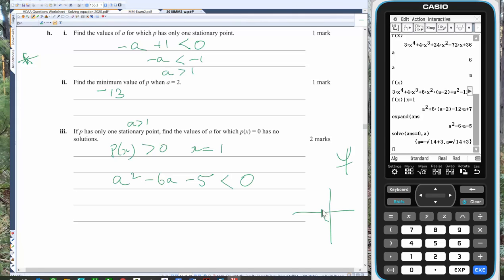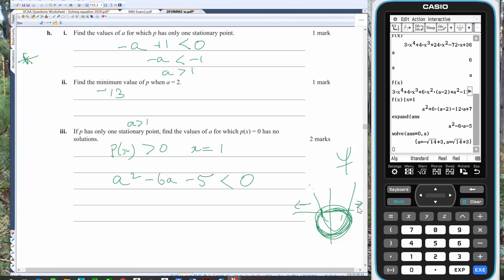So it's a little bit less than negative 1, and the other is like 6 or 7. So here's roughly our parabola. And what it's saying is it's less than 0 between these two values.